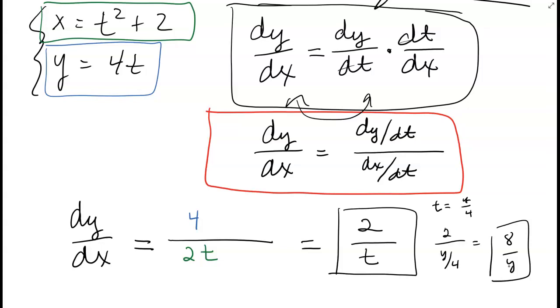I find the parametric on some of these can be much easier, while implicit differentiation can get really complicated. Let's take a look at another one.